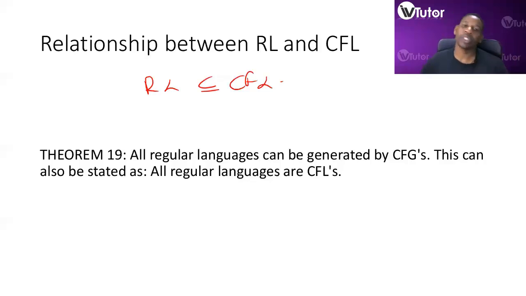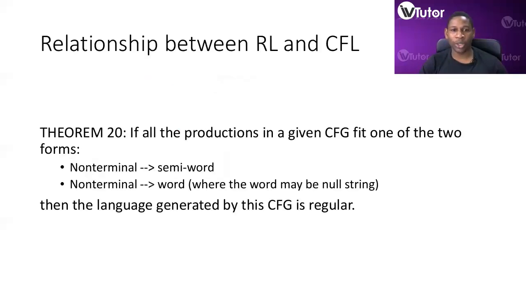Now, how do we know that the following language is a regular language? It says if all the productions in a given context-free grammar fit one of two forms: number one, a non-terminal goes to a semi-word, or number two, a non-terminal goes to a word, or rather a string of terminals.